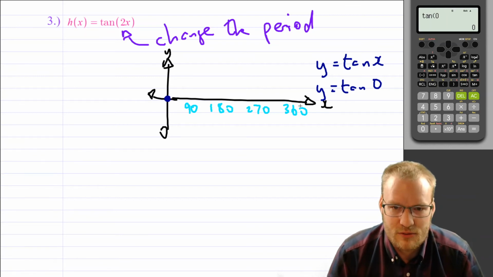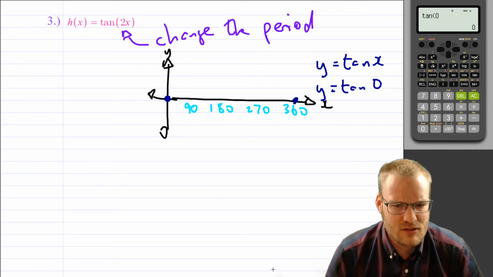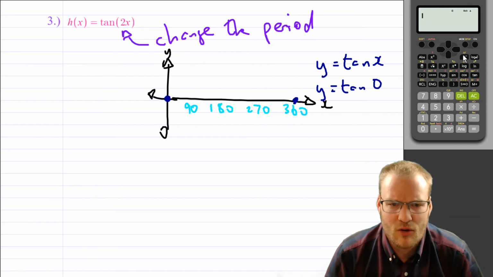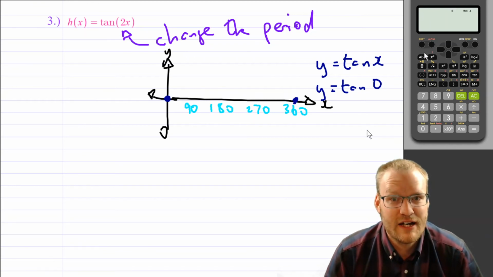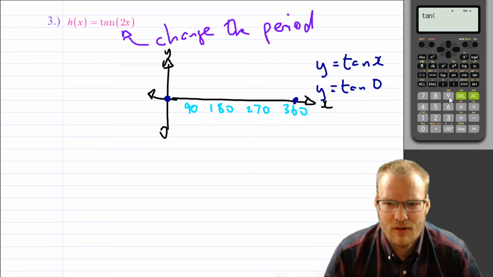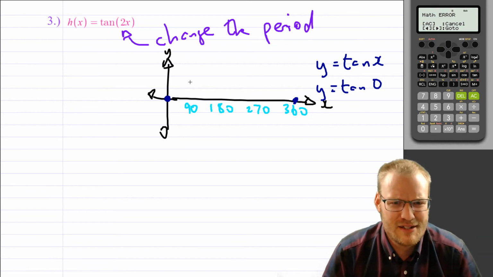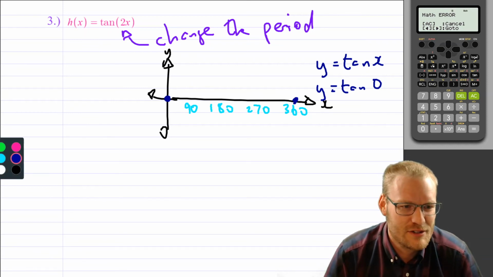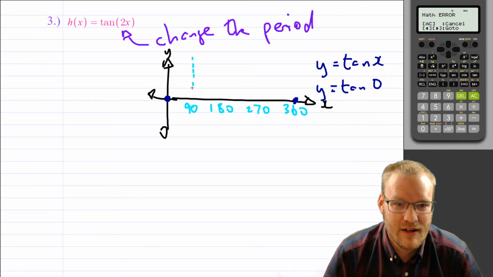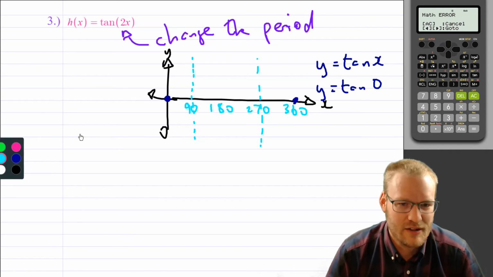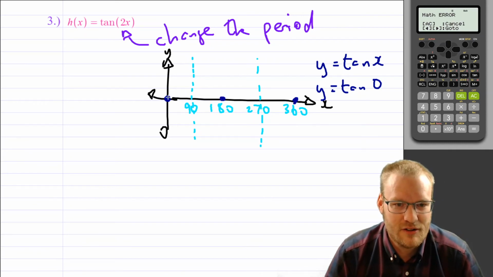So let's plug in and see. What is tan of 90 degrees? Tan of 90. No, it's not a math error. It doesn't exist. It's undefined. So in other words, there is an asymptote there, and this is also 0. So we know that our general tan graph looks like that.